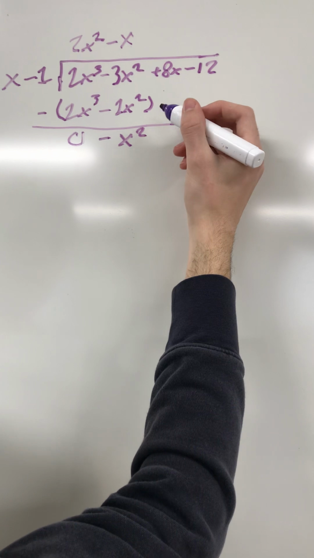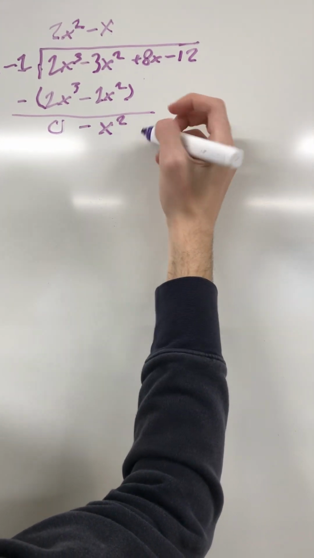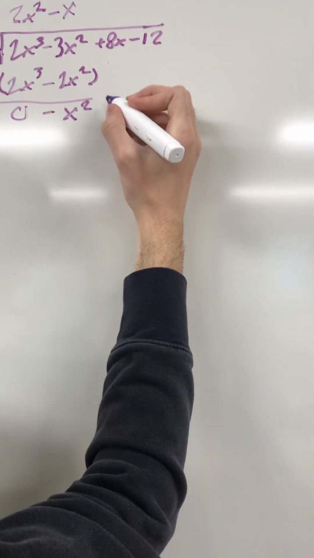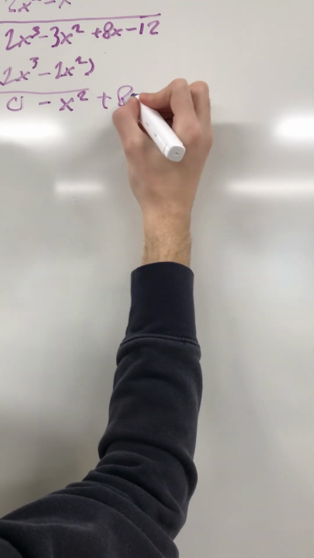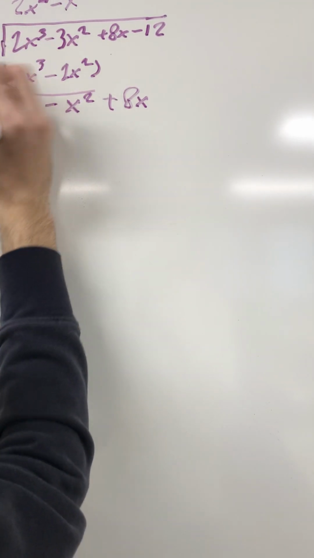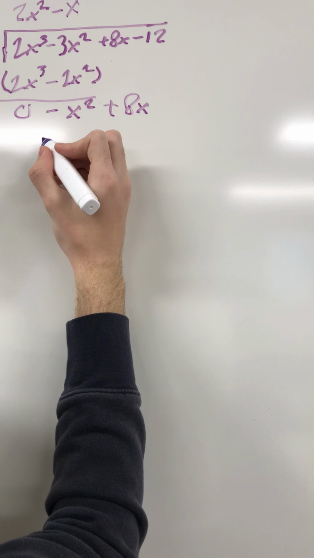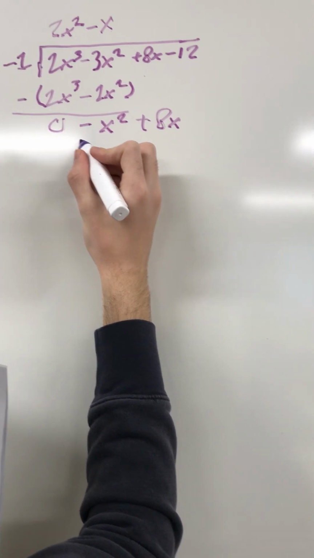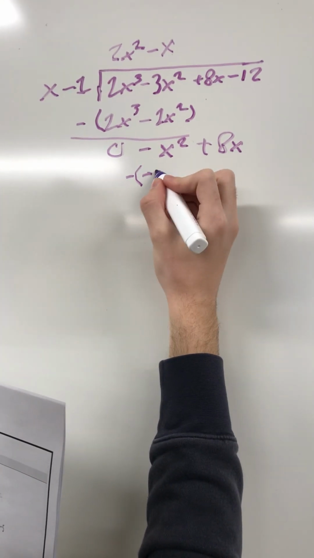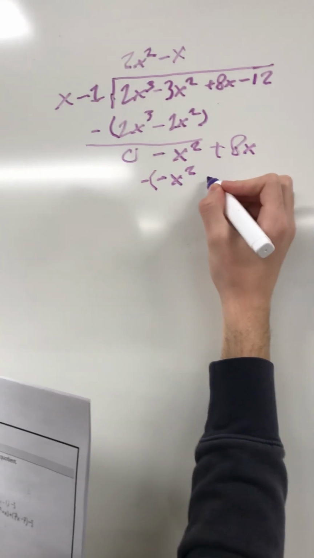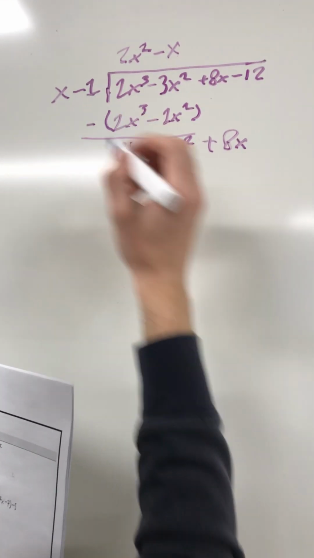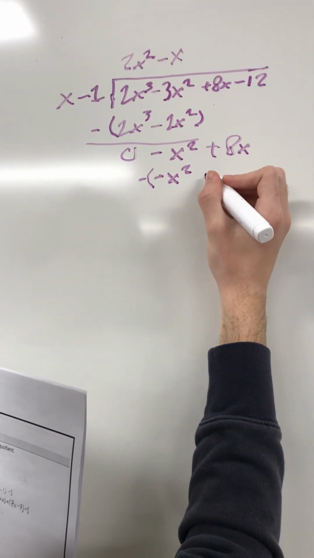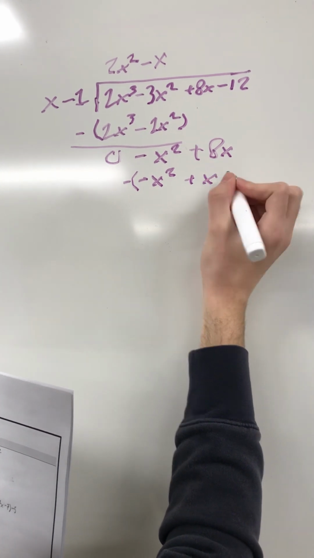And then you do the same thing again. You take this down here. You do minus x times x, which is equal to minus x squared, and then minus x times -1, which is plus x.